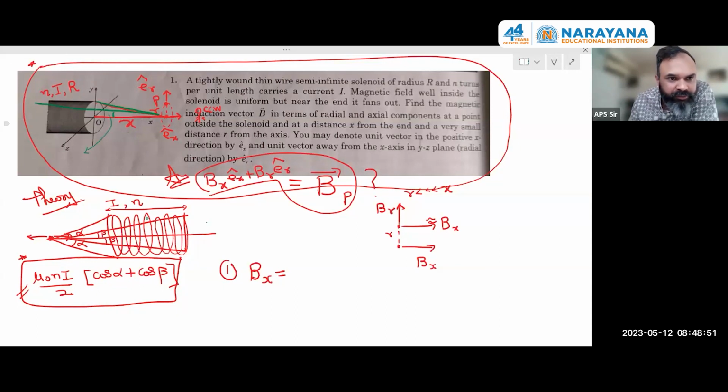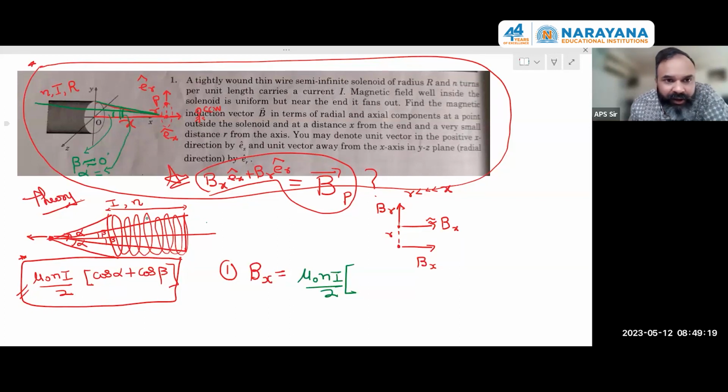So this is a mirror image of the theory which I have written, so technically only the direction changes. So beta is tending to 0, roughly, and alpha can be written as the angle that I have shown here. This angle can be represented as your alpha. So what you'll get is Bx is mu naught N I by 2 times (cos alpha plus cos beta).